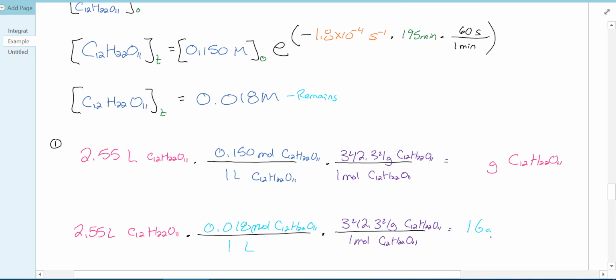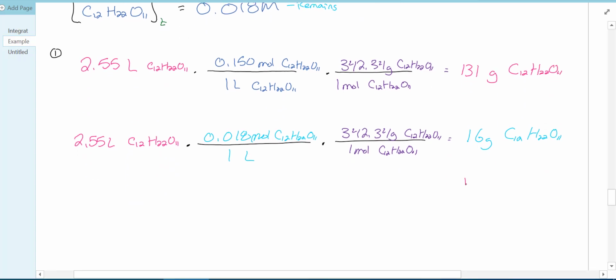This is 16 grams of C12H22O11. This is 131 grams. Sorry about the confusion. All right, so the difference would be 131 grams minus my 16 grams to give me an answer of 115 grams of C12H22O11 reacted.